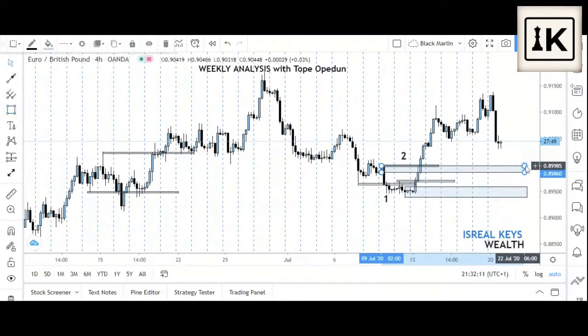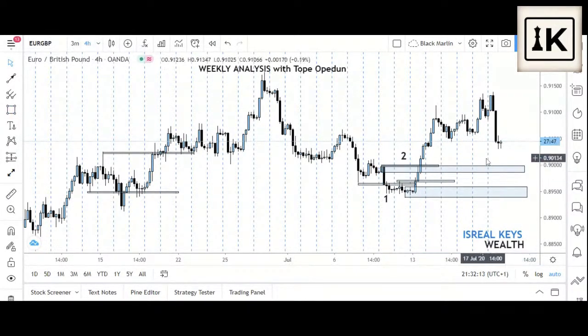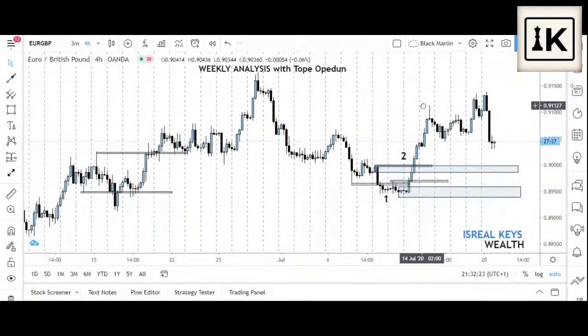Okay. So two possible points where we can see reaction if price comes down in this area. Okay, are you with me so far? So two possible areas for price to drop into.